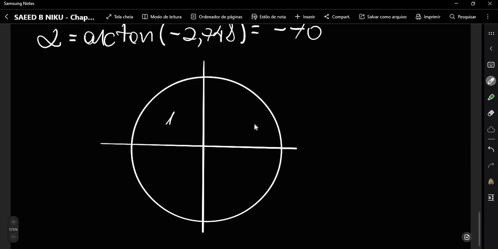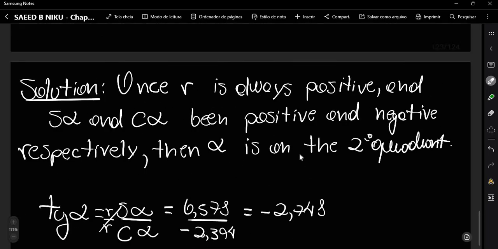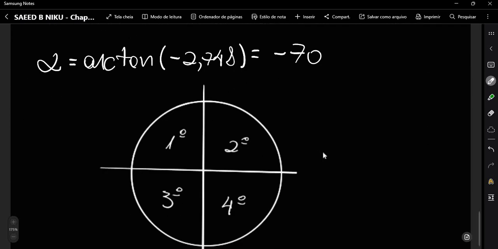That is the first, the second, the third, and the fourth quadrant. And it is on the second quadrant, it is on this quadrant.